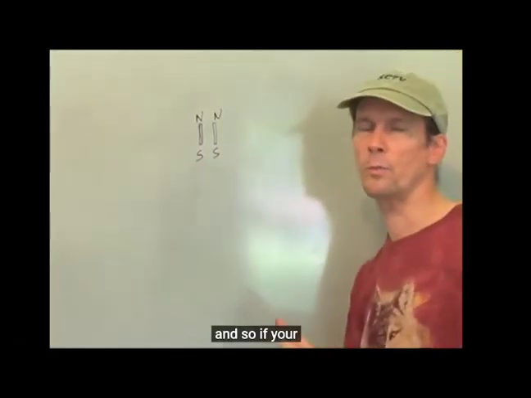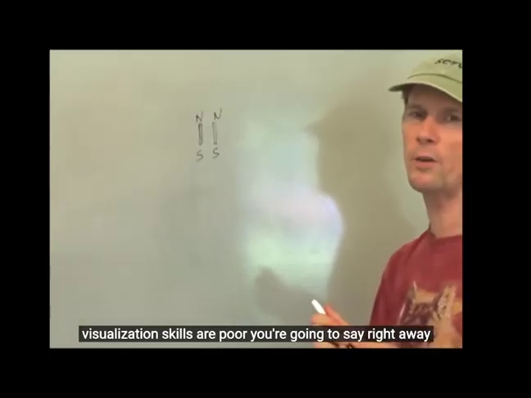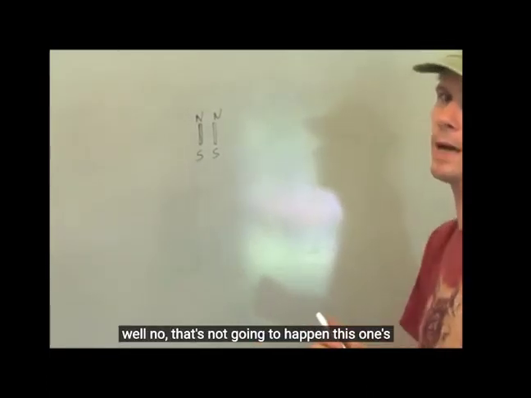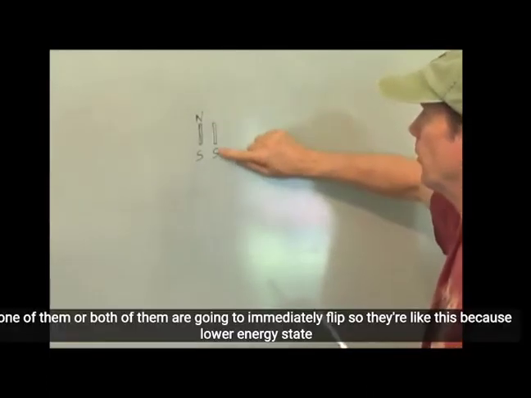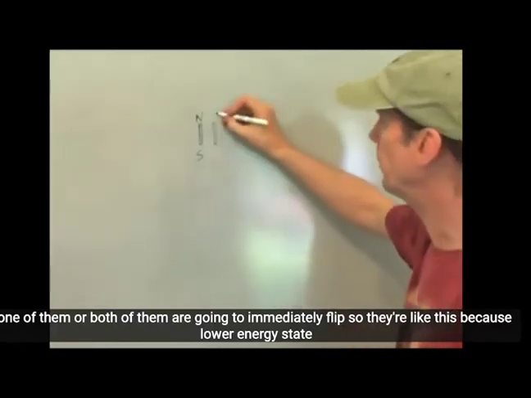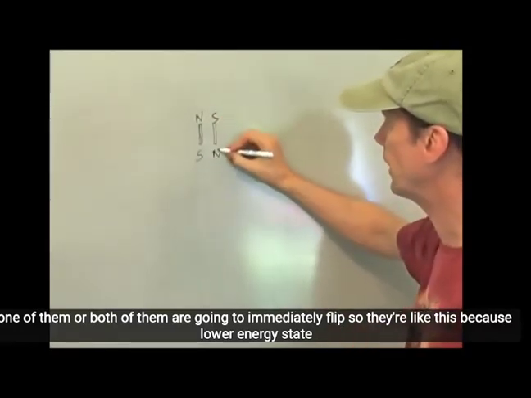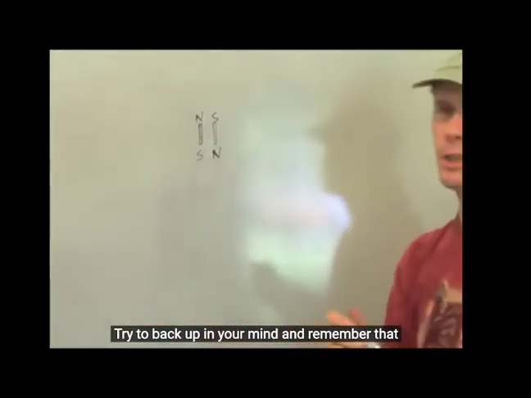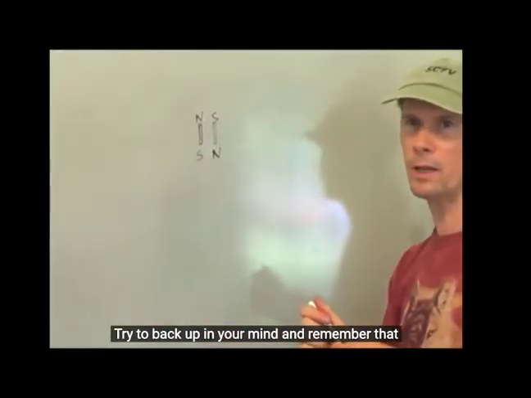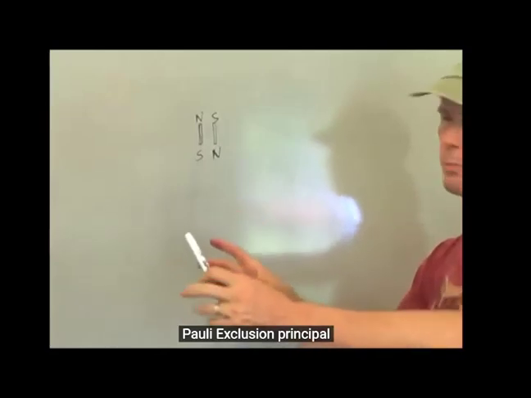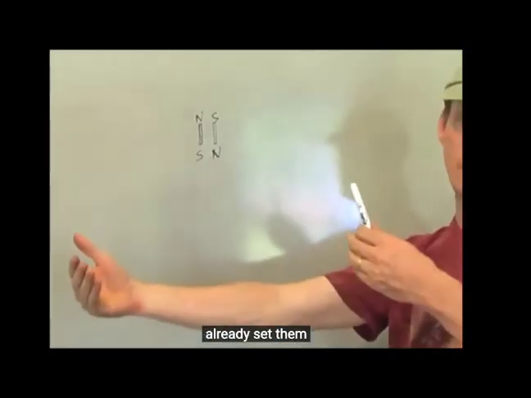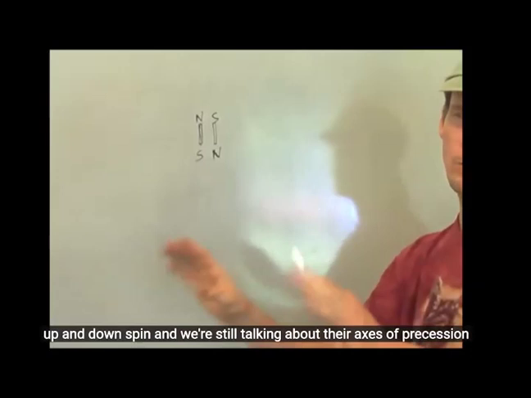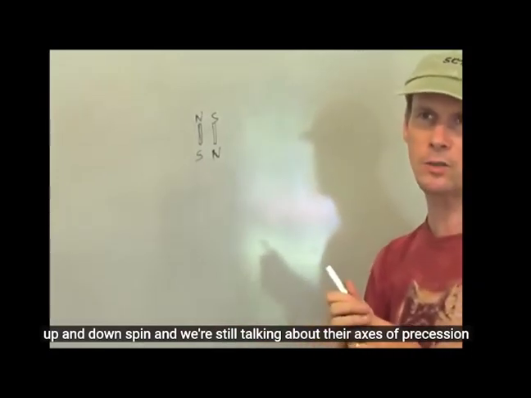If your visualization skills are poor, you're going to say right away, well, no, that's not going to happen. One of them or both of them are going to immediately flip, so they're like this, because that's a lower energy state. Try to back up in your mind and remember that the Pauli exclusion principle already set them up and down spin, and we're still talking about their axes of precession.